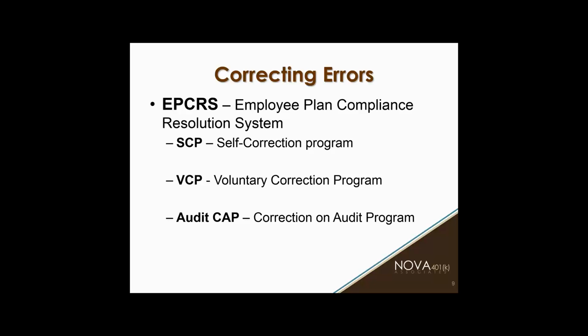There are more serious issues that can be corrected, but it would involve a voluntary correction program filing, which is a formal filing with the IRS, which also comes with additional fees. And then there's also, if you get caught outright, like you didn't submit voluntarily or self-correct a problem, the audit CAP program with the IRS, which you would enter if they actually audit you and discover a problem that you haven't already previously fixed.